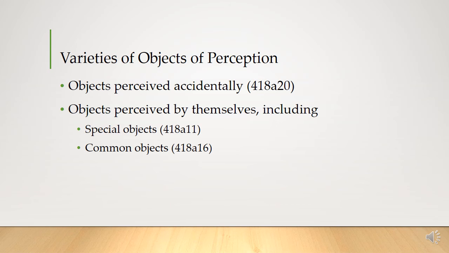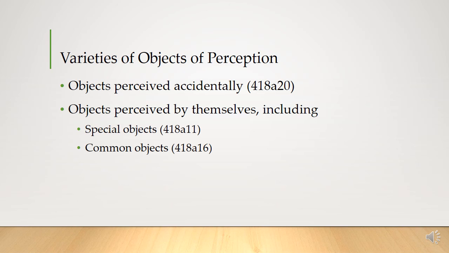This is because in vision, you do not see Socrates because he is Socrates. You see Socrates because he has certain color and shape, and that color and shaped thing is only accidentally Socrates. Therefore, Socrates is an object perceived accidentally, while color and shape are objects perceived by themselves.